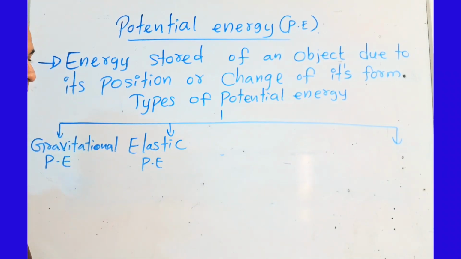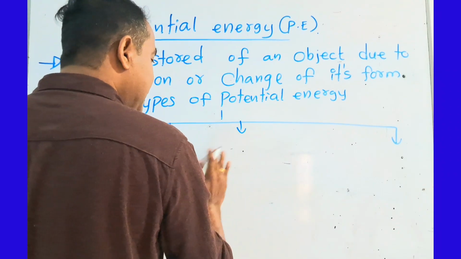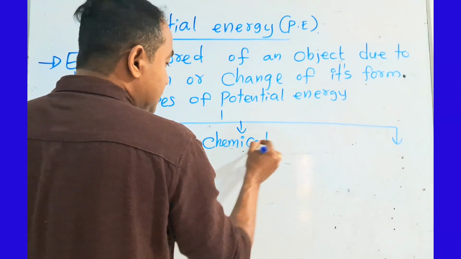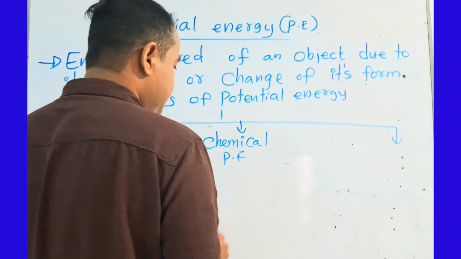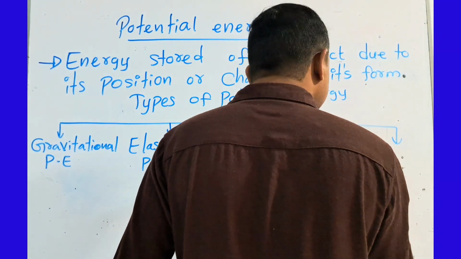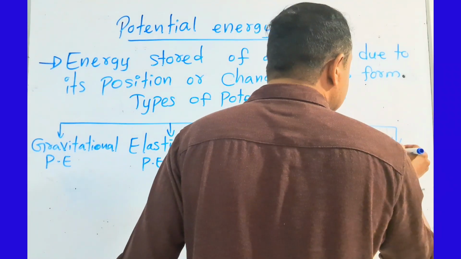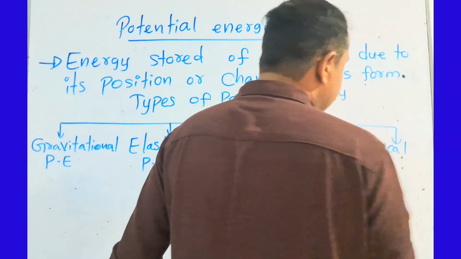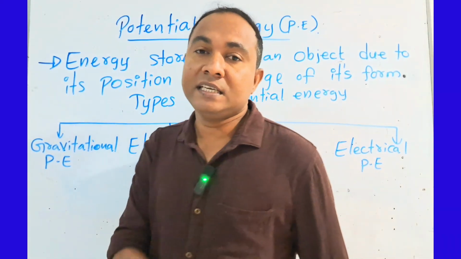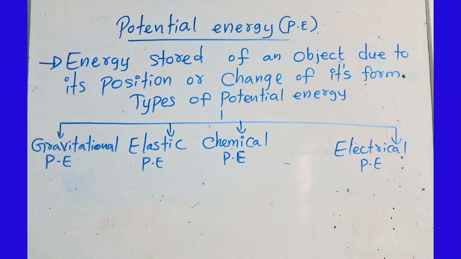Another type is chemical potential energy. Another type is electrical potential energy. You must remember those are the different types of potential energy. Among them, you have to learn only gravitational potential energy in this grade.